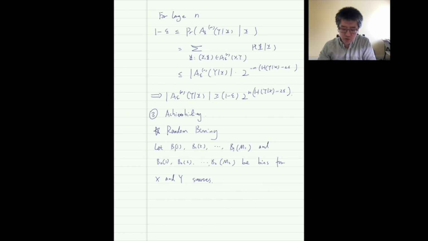Now let's illustrate the encoding procedure. It's rather simple. For example, for X, let's say those are our bins: here is B_{1,1}, B_{1,2}, B_{1,3}, and here is B_{1,M1}.